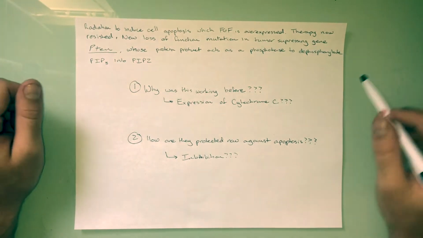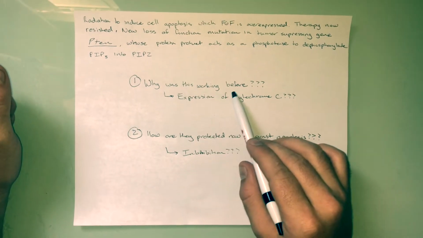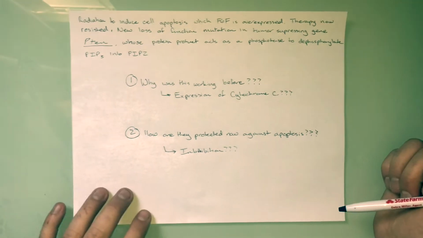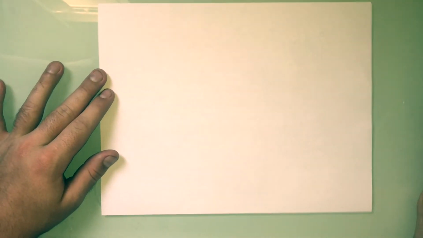So first we're going to look at why was this working before? Expression of cytochrome C. Looking at the pathway to see how apoptosis was activated, we know that signaling molecules are needed to institute this downstream effect.